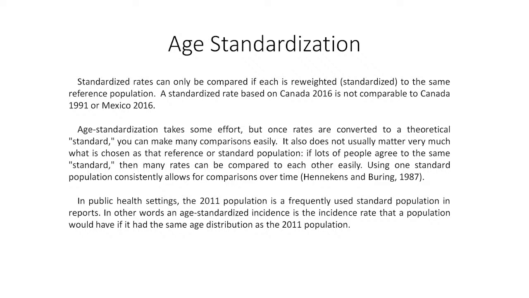Age standardization takes some effort, but once rates are converted to a theoretical standard, you can make many comparisons easily. It also does not usually matter very much what is chosen as that reference or standard population.